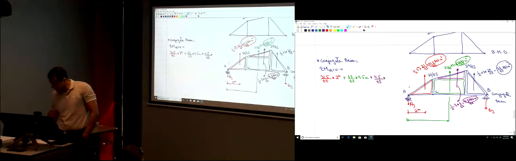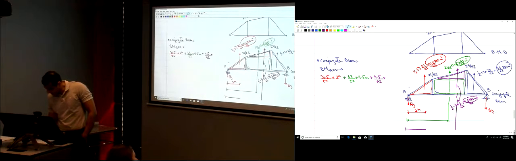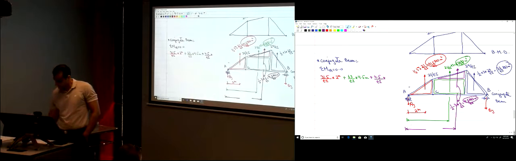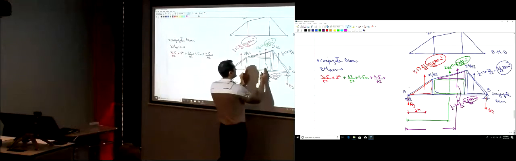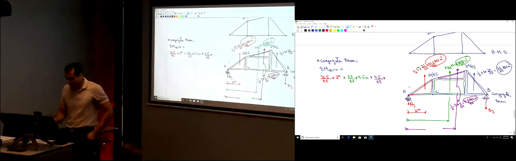And then the purple one, the magnitude of the purple force is 4.5 divided by EI multiplied by its distance. You have 3 here plus this distance, which is 2. This force is at 2/3 L, 2/3 of 3 is 2, so it's 2 plus 3, so that's 5 meters.